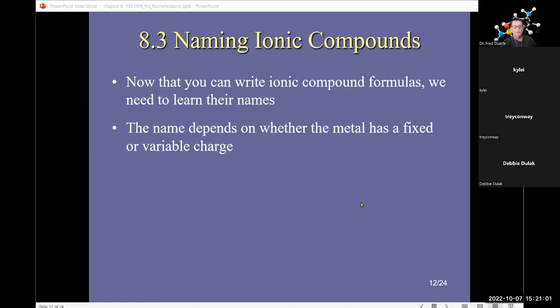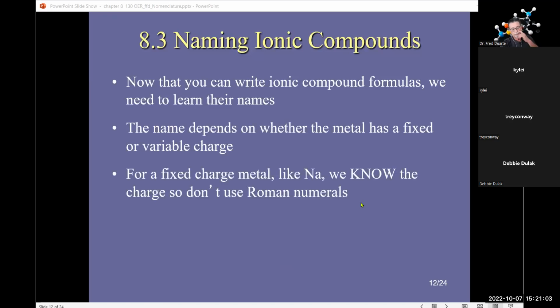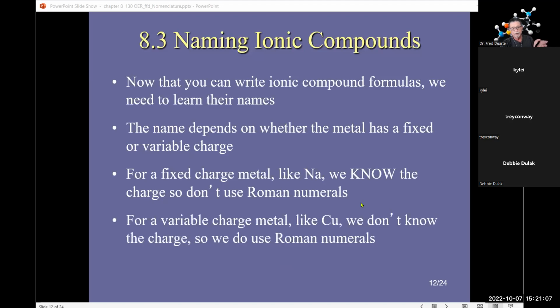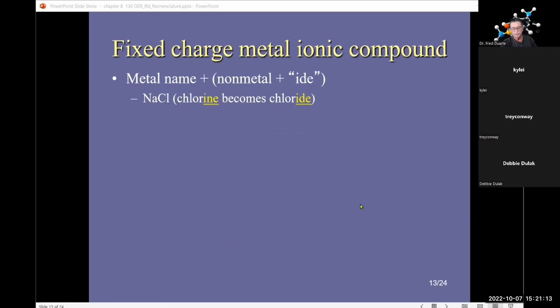Now we're asked to write ionic compounds given the name. We talked about the fixed charge, we talked about the Roman numerals and so forth. Normally if it's the single anion, we just simply use the -ide ending.